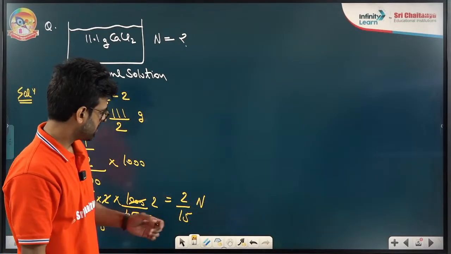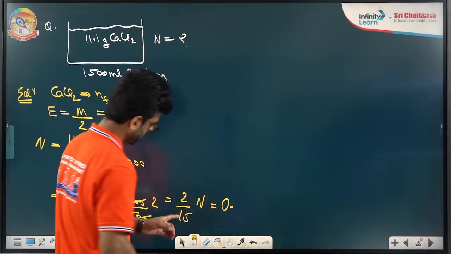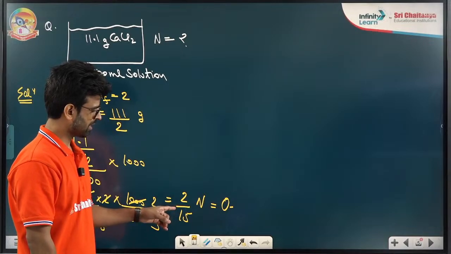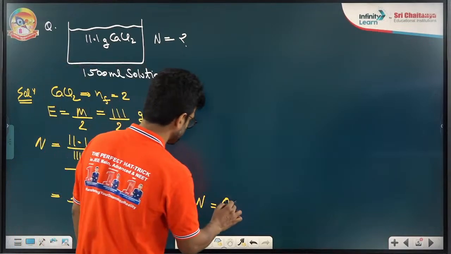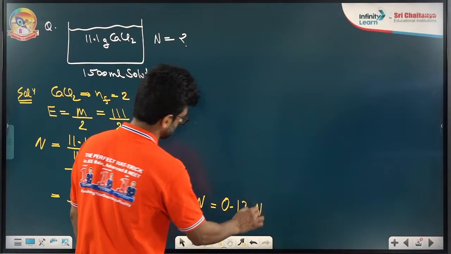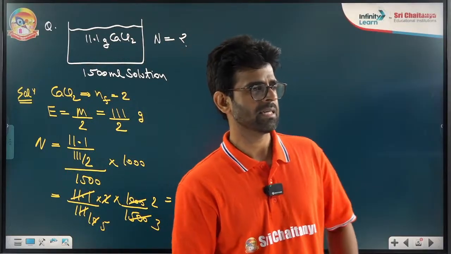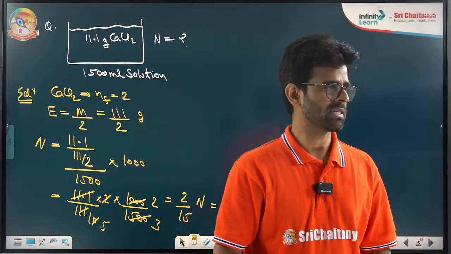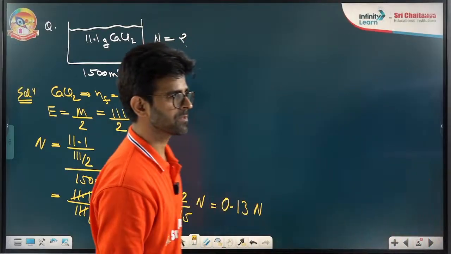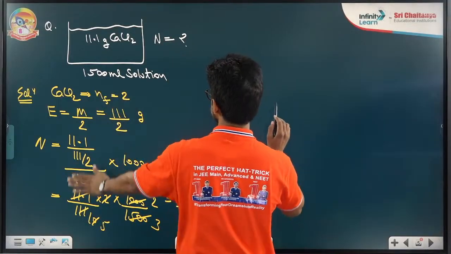Let us check, 2 by 15, so almost 0.1 and 3 something will come. Fine, 0.13. Yes, Monica, Karthik, Yamini, all gave the right answer, 0.13. Great, good. I am moving very slowly, showing step by step, okay?